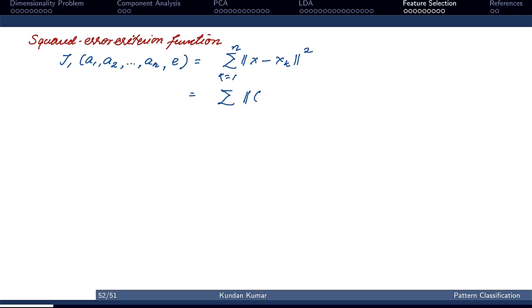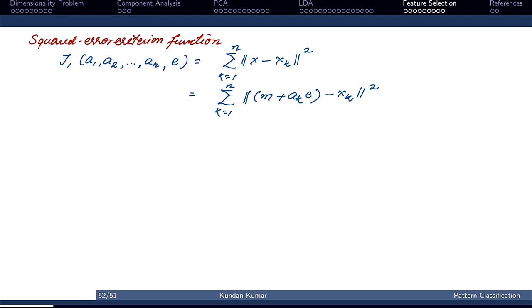So J1 equals summation from k equal to 1 to n of the norm squared of (m plus ak e minus xk).